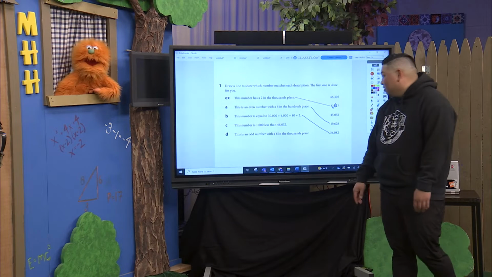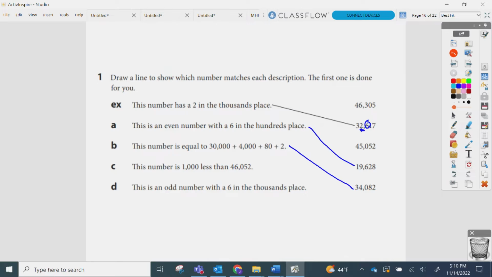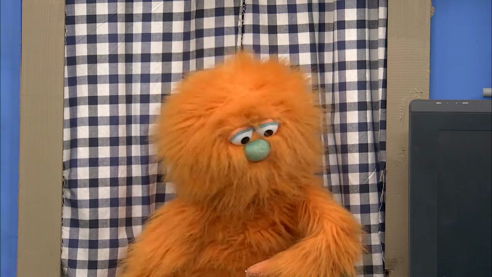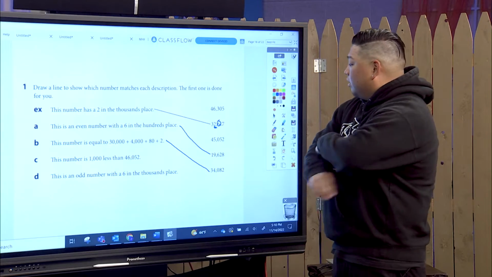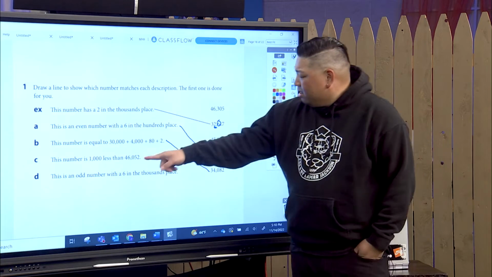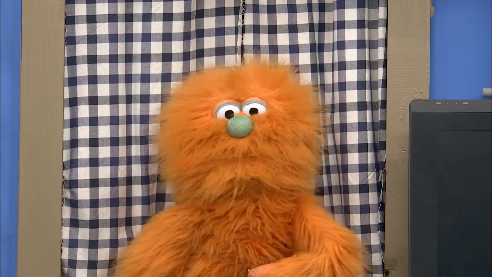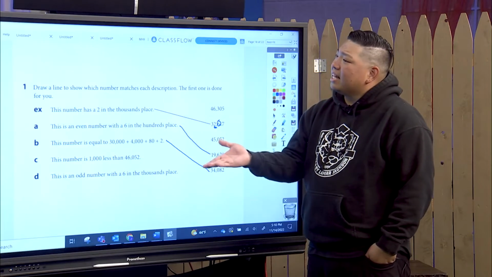Oh boy, this next one looks a little hard. This number is 1,000 less than 46,052. Less than means we have to subtract. So 1,000 less than 46,000.